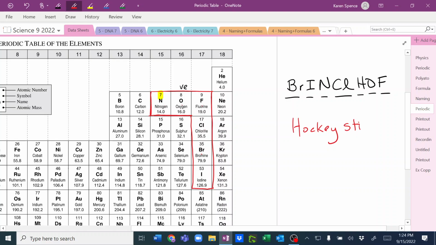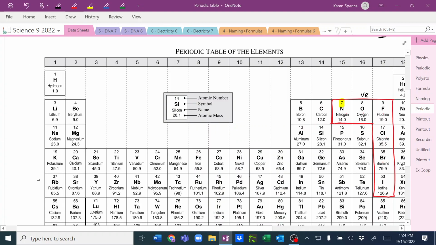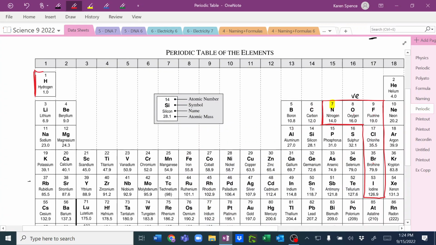And what do you need with a hockey stick? You need a puck. So that's the hockey stick and puck. You start on number 7, you draw a 7, and that's your hockey stick, and then your puck is the hydrogen. Okay, so that's another way that you could remember your 7 diatomic elements.